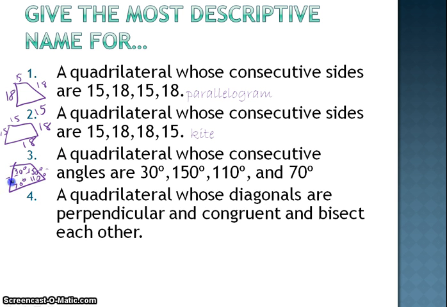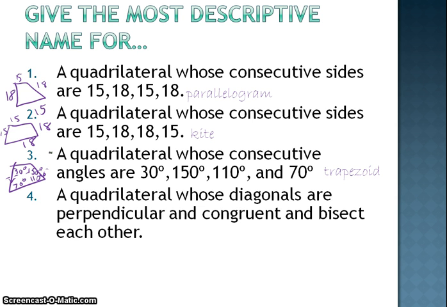So those pairwise supplementary angles are going to have to indicate parallel lines. Therefore, my most descriptive name that I can give this is a trapezoid. I'm not an isosceles trapezoid because my base angles are not congruent, but I am able to prove that I have parallel lines based on my same side interior angles being supplementary.